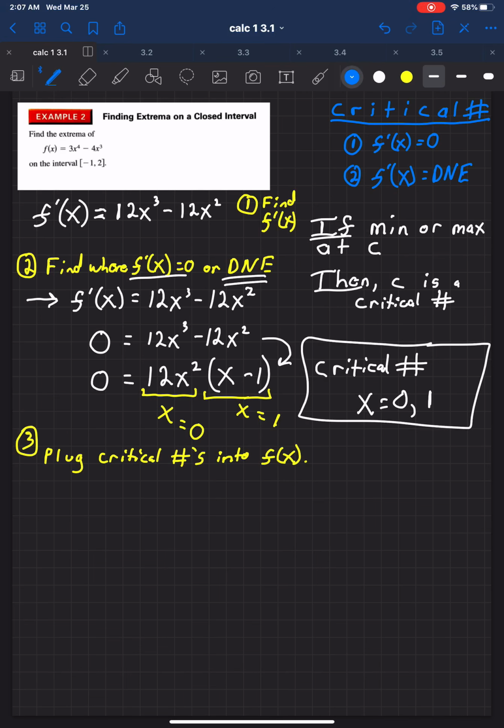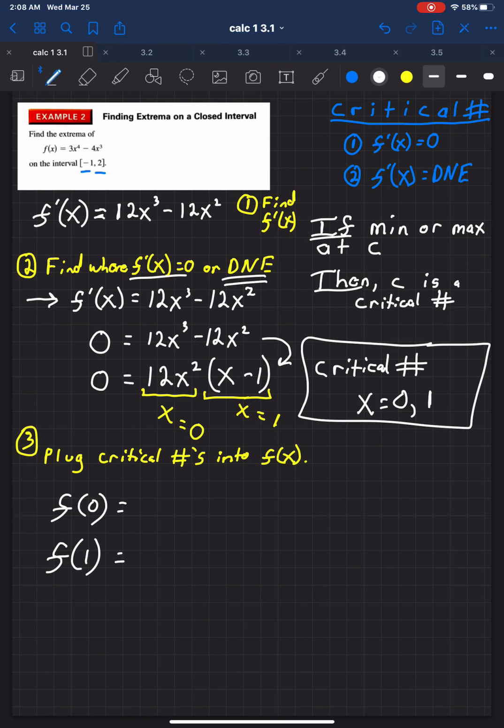Now, you are going to end up plugging in the bounds, the negative 1 and the positive 2, for f as well, but I'll write that in a fourth step. So plug the critical numbers into the original function. I'm going to plug in the 0 and I'm going to plug in the 1. But don't plug it into your derivative, right?